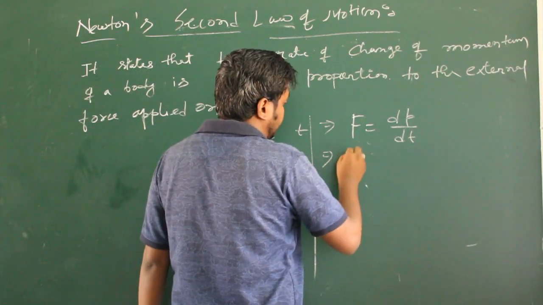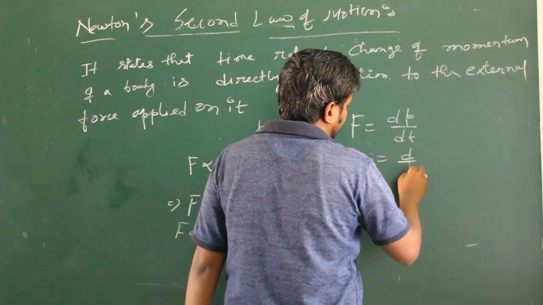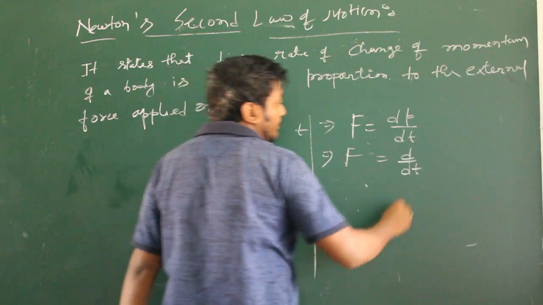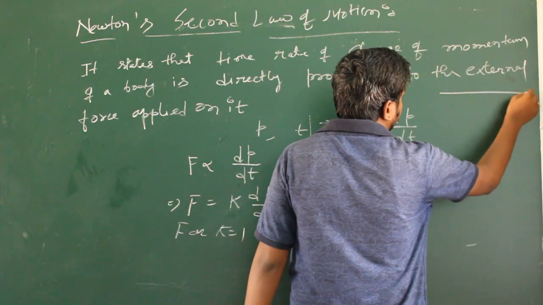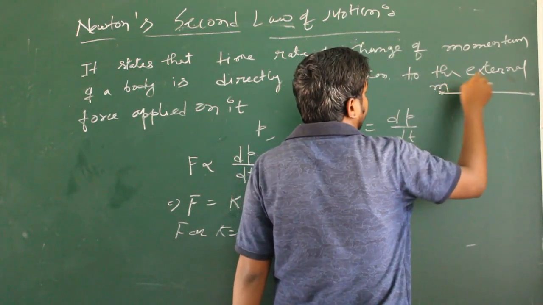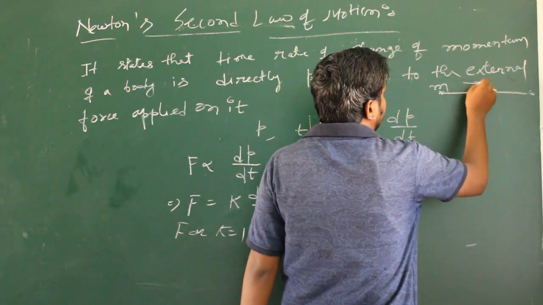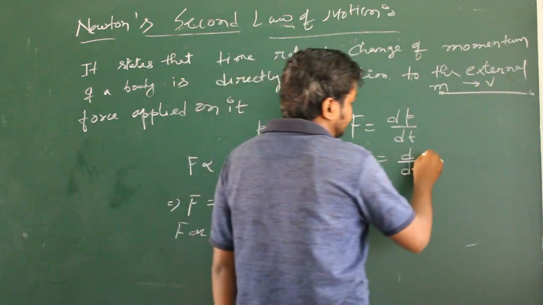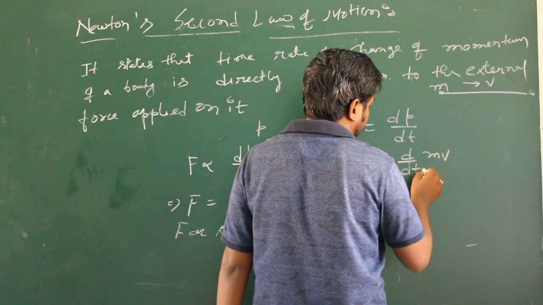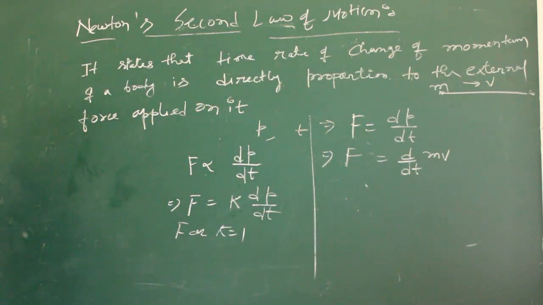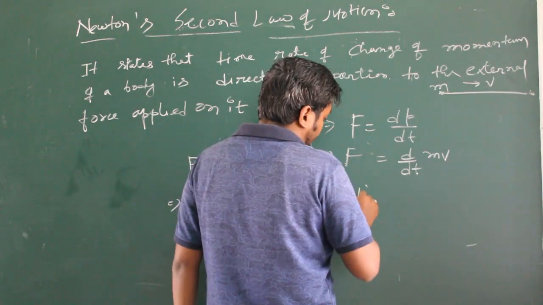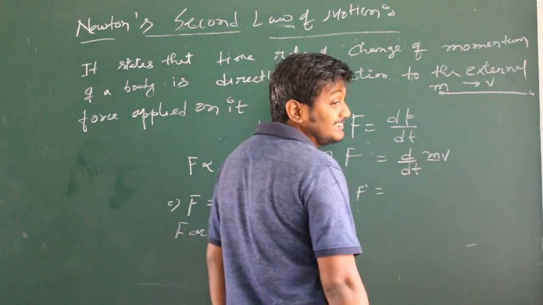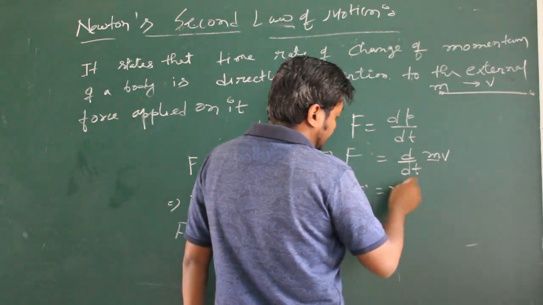Now what is p? P means momentum. Suppose we consider a body of mass m moving with a velocity v. So p will be mv. p is m into v, if v is the velocity. So we know mass is constant, so I will take the constant outside.